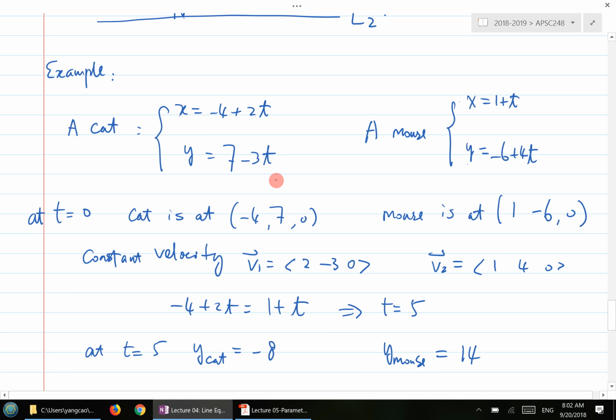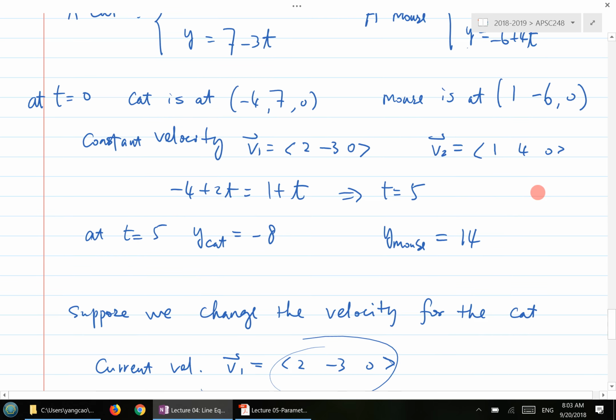The first part of the question is whether the cat can catch the mouse. So we look at whether there is a common time t such that they meet at the same location. You let this x equal this x, and this y equal this y, and it turns out there's no common t at which they meet at the same location.